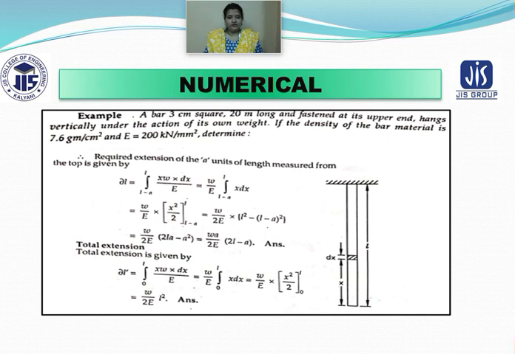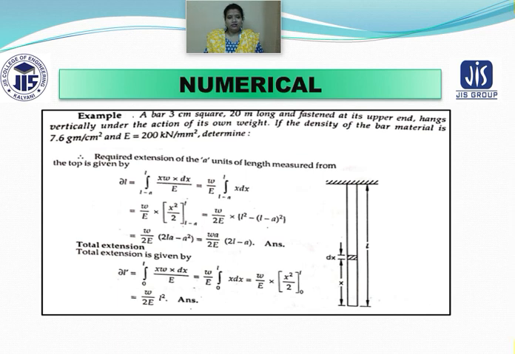Now if you look at the total extension that has been calculated here, it is very easily shown to you: that is W into x into dx, the weight of that particular elementary strip at a distance of x.